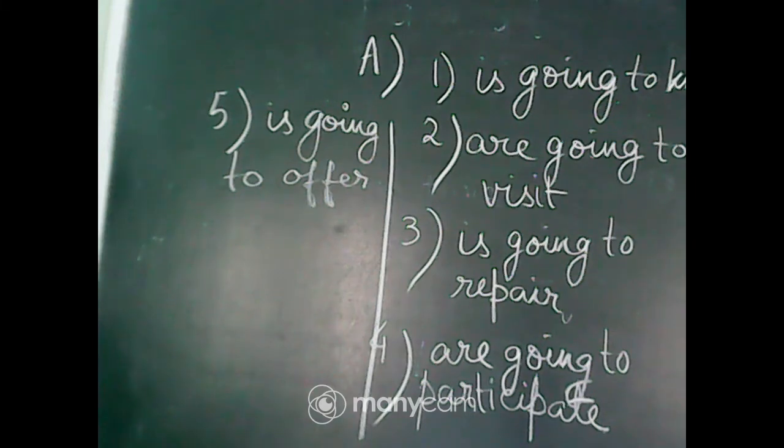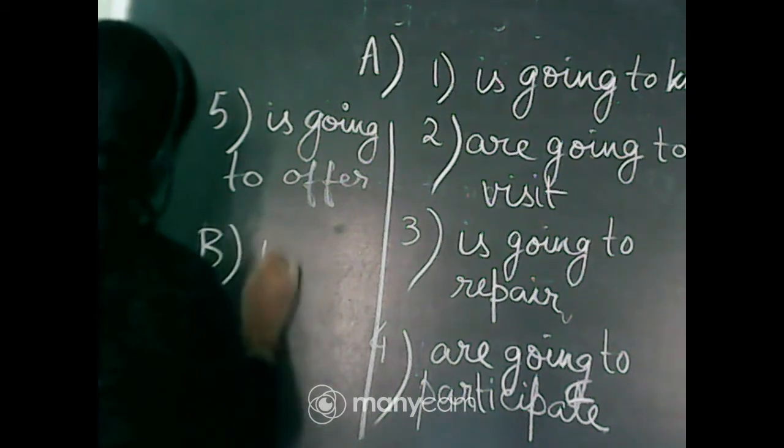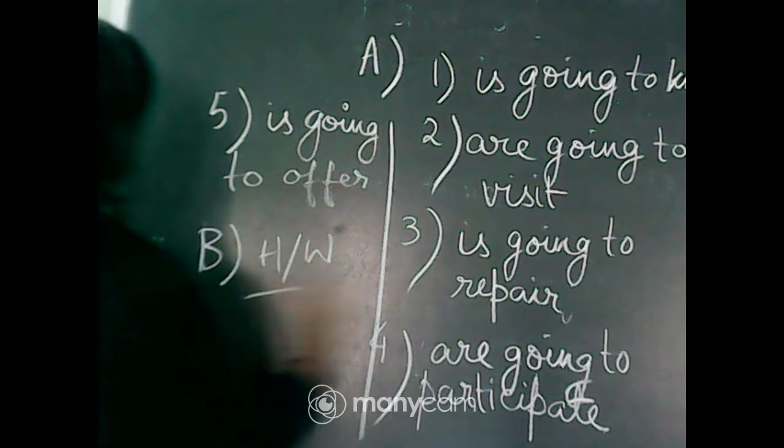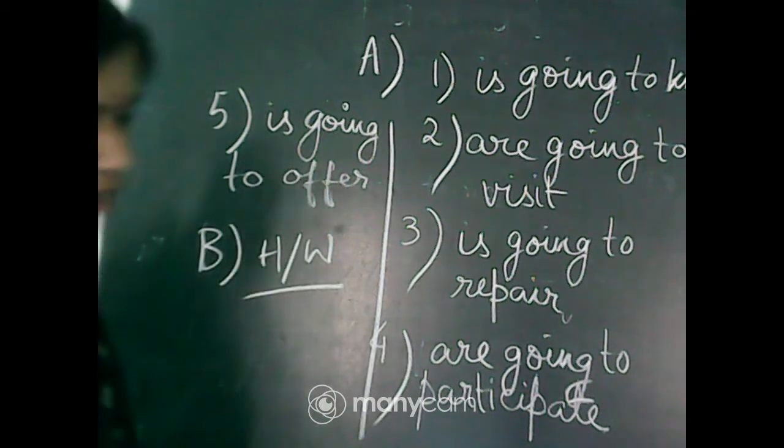Okay, exercise B is a passage which has been given, so this will be your homework. Exercise B will be a homework because a passage has been given here. Come to exercise number C, where you have to use the future continuous tense.